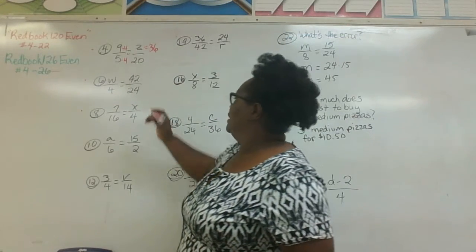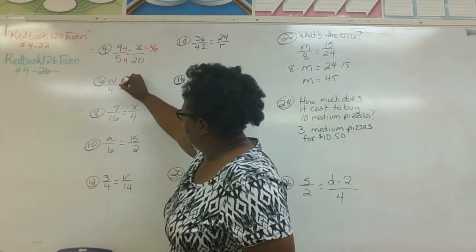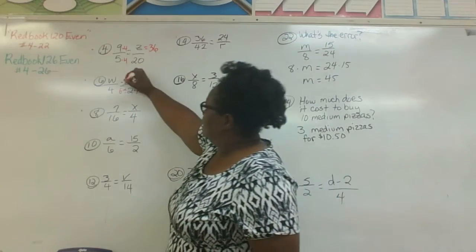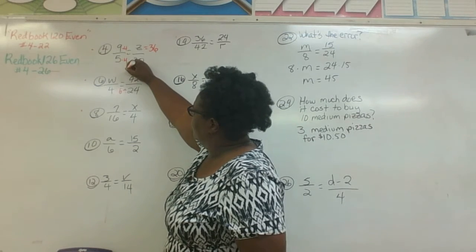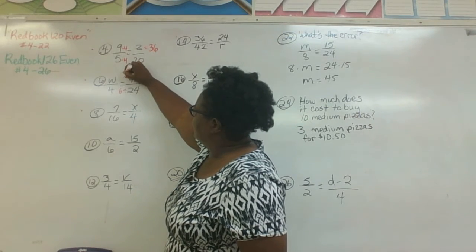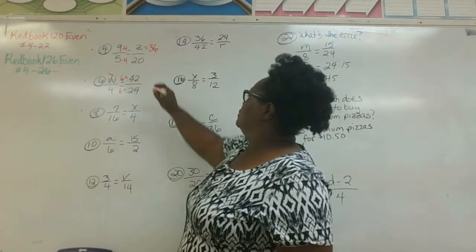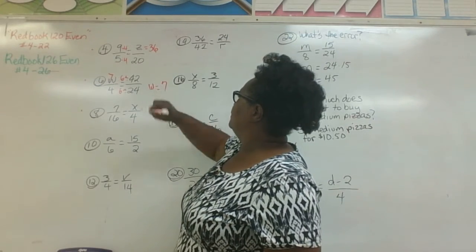You guessed it. It is divided by 6. So 24 divided by 6 is 4. Then 42 divided by 6 gives us a 7. So W is equal to 7.